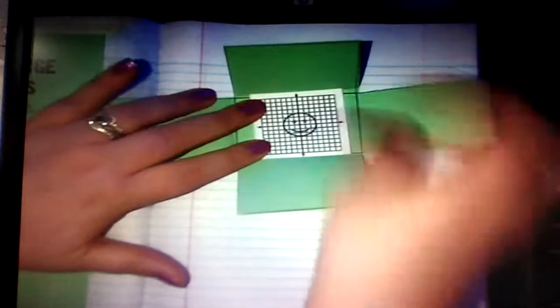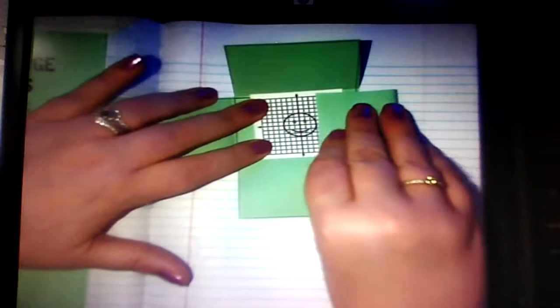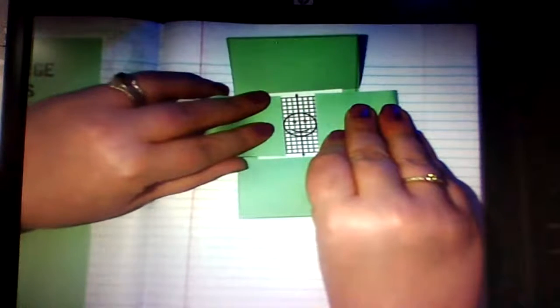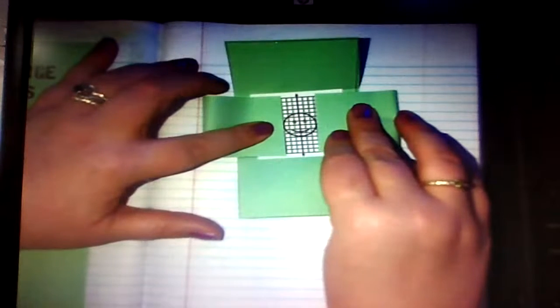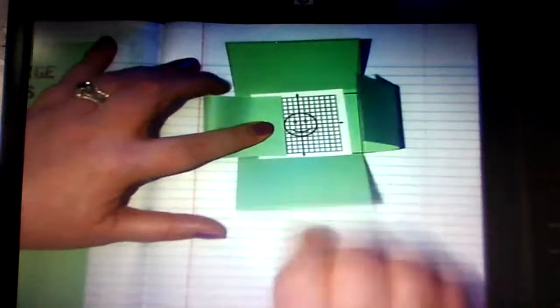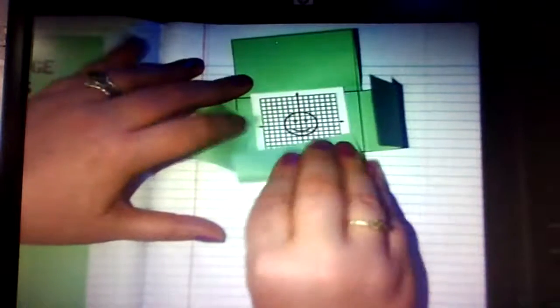So then you can take your graph and it can sit in here and you can show yourself, here's your domain from here to here. Here is your range from here to here.